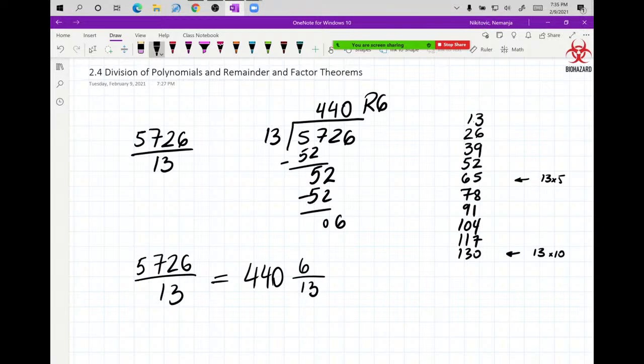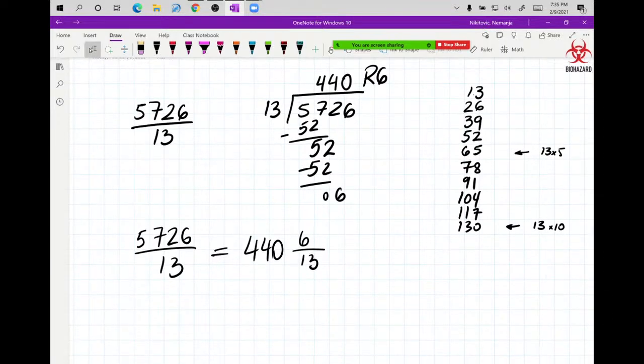So we're done there. So that's division of numbers, and long division of polynomials works exactly the same way. You figure out the value, you multiply that value here and subtract it, and rinse and repeat. Drop the next number. In the case of polynomials, you'll see you drop the next term.